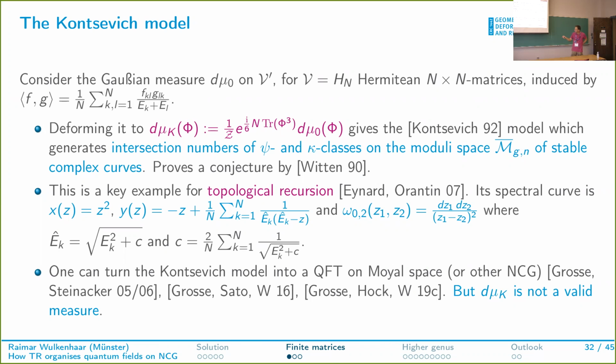If you take a spectral curve x is z squared, y is its thing, Bergman kernel for omega 0,2, and you run the topological recursion, then essentially the moments of this measure, properly rescaled, give the omega g,n which come from topological recursion with this data.